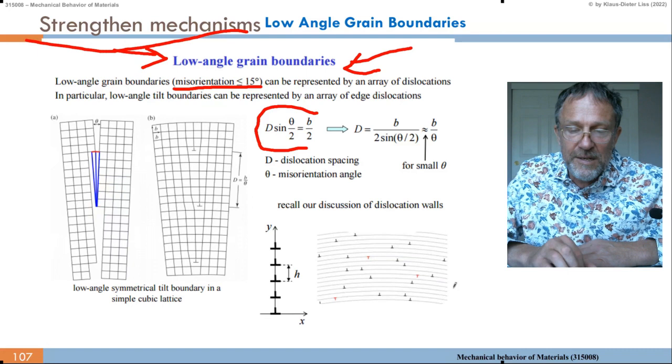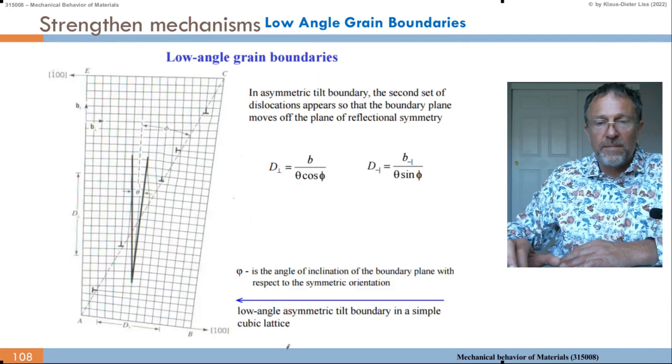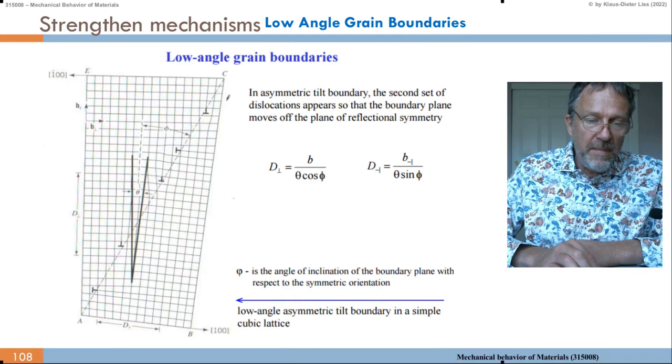That is called a dislocation wall. These are randomly oriented dislocations, but if they are arranged vertical to each other, we call it a dislocation wall. Also, there may be an inclination of the grain boundary.